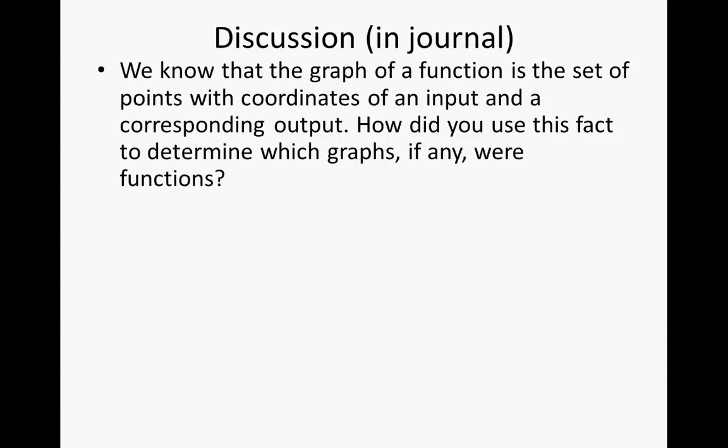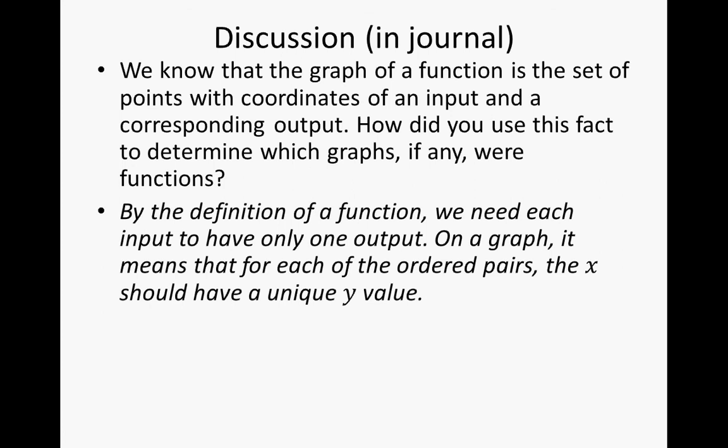All right, so we know that the graph of a function is a set of points with coordinates of an input and corresponding output. How did you use this fact to determine which graphs, if any, were functions? Well, by the definition of a function, we need each input to have only 1 output. On a graph, it means that for each of the ordered pairs, the x should have a unique y value.